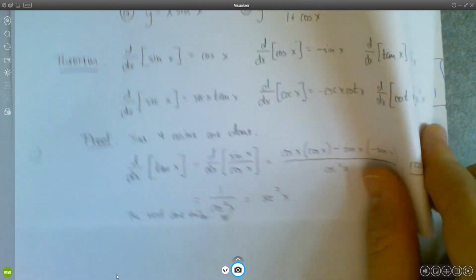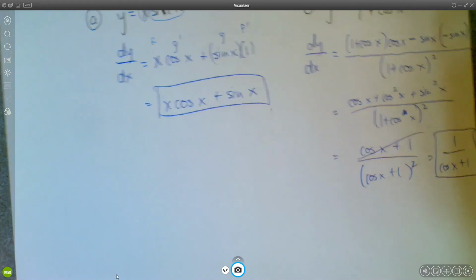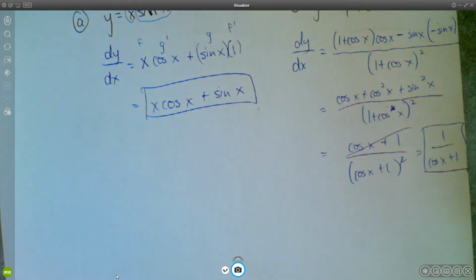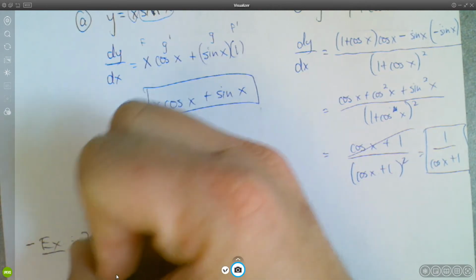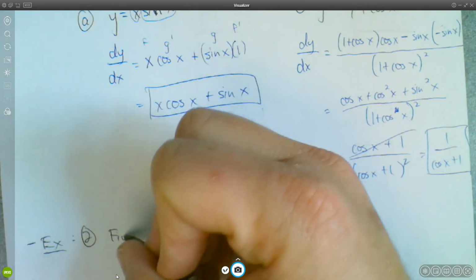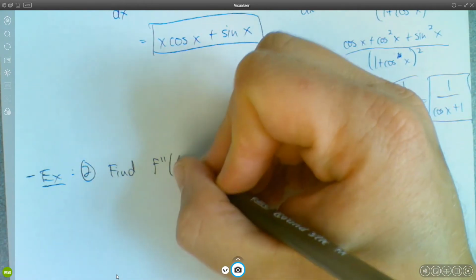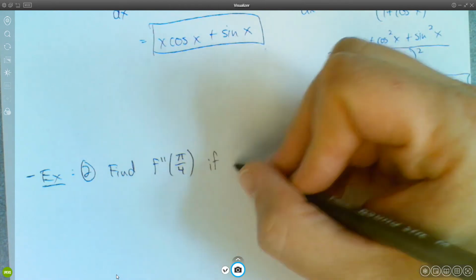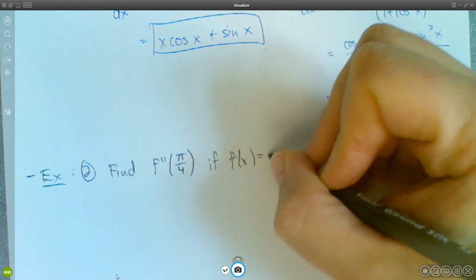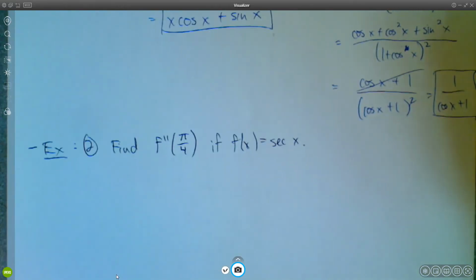So, okay. So let me give you some more examples. This time using some different functions, I guess. Let's find f double prime of pi over 4 if f of x is secant x.